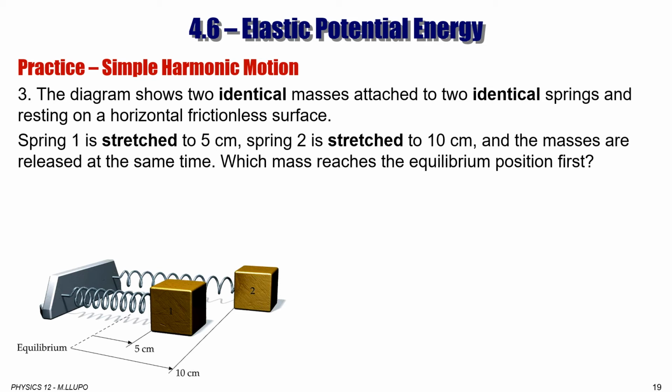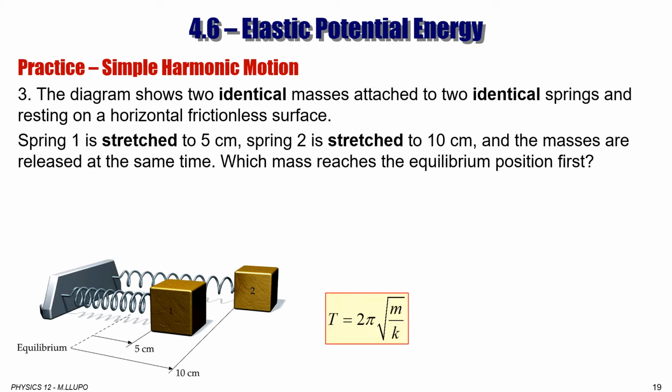Although there is no calculation here, the amplitudes are given, 5 centimeters and 10 centimeters. The acceleration is not given, and you don't need to know it, because what is asked here is the period, the time to go from the maximum point to the rest position.